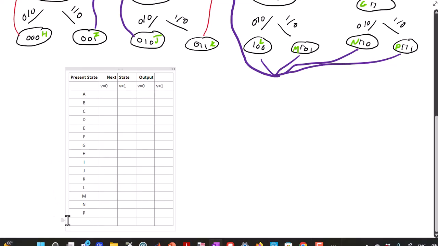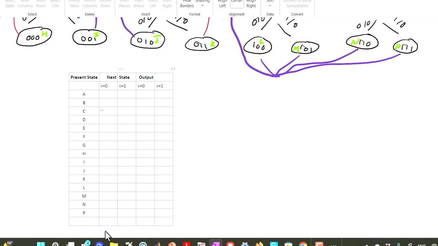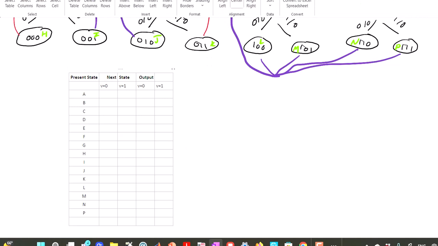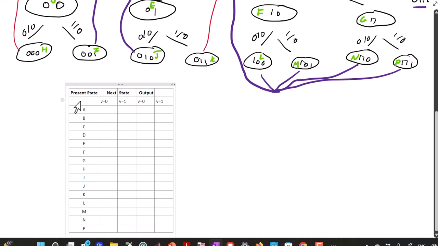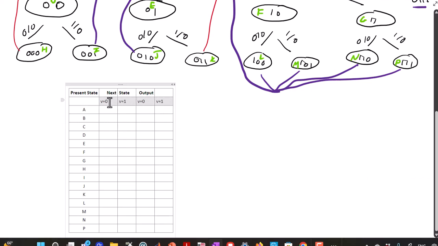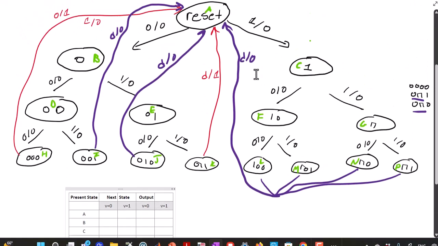That was very close. Okay, and then from state A, that was our reset state.